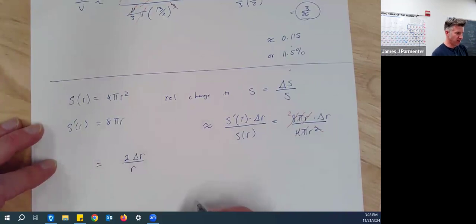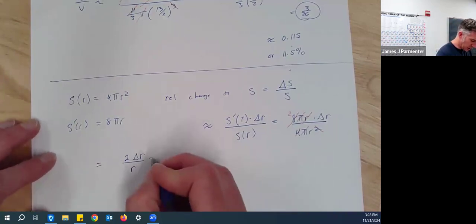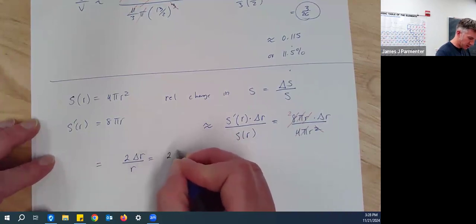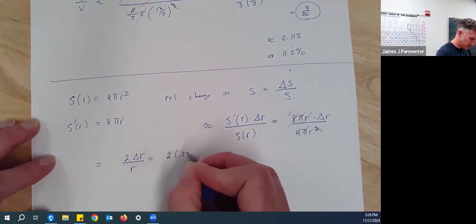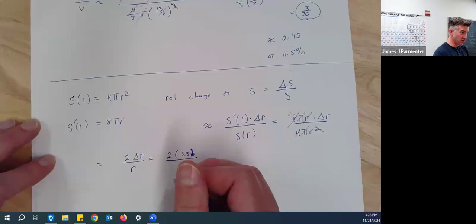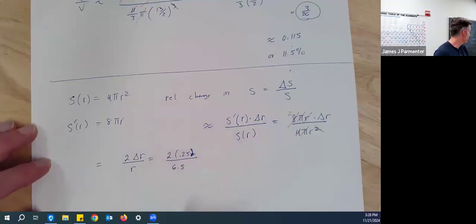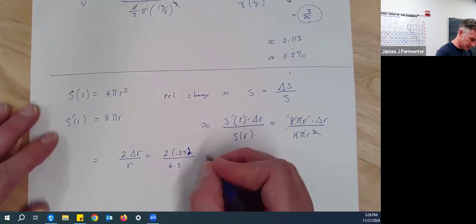Now I'm going to plug in my r value, which again, they could have picked a nicer number here. We know that the change in the radius was 0.25 millimeters. I don't need the units there. And the actual radius was 13 over 2, or 6.5 millimeters. I should have used fractions.